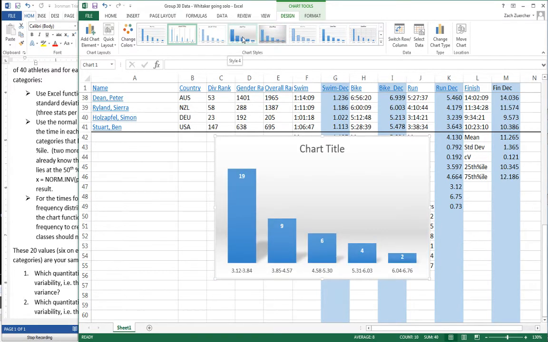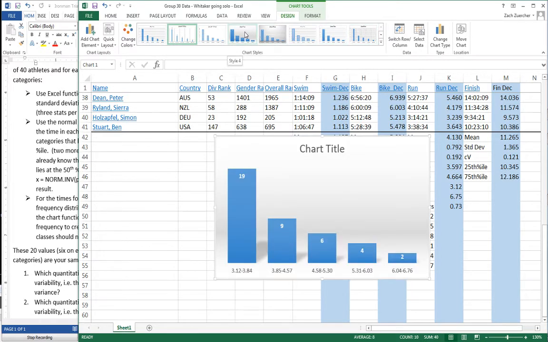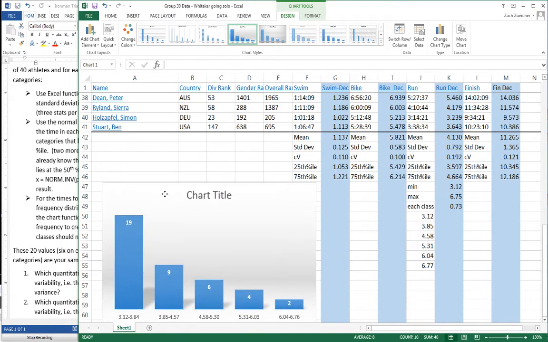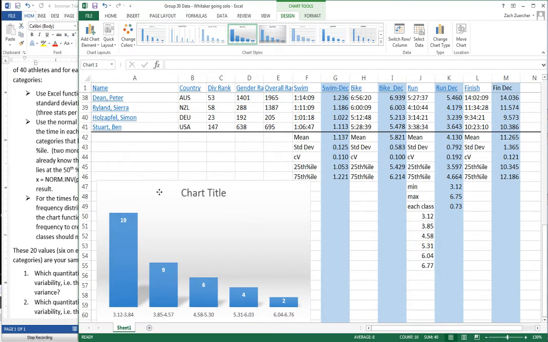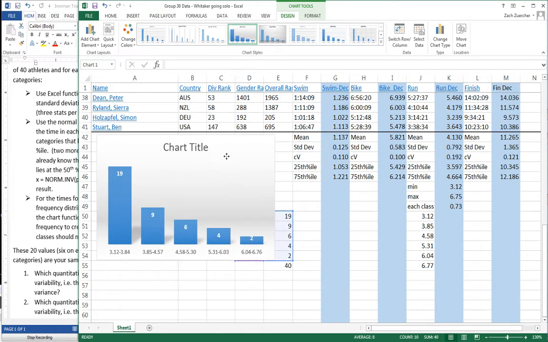Pick a histogram chart that suits your fancy. The closer those bars are, the better. I like that one. You pick one that you like. And then once you have it, you can move it over here. You can scale it down if you want. If I made that a little smaller, I could squeeze it up in here.